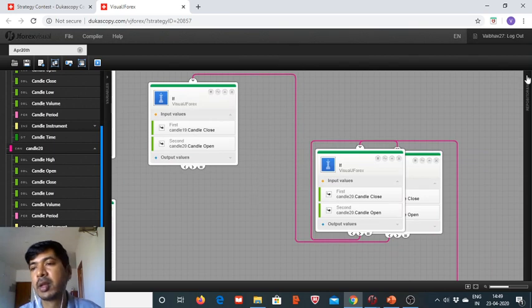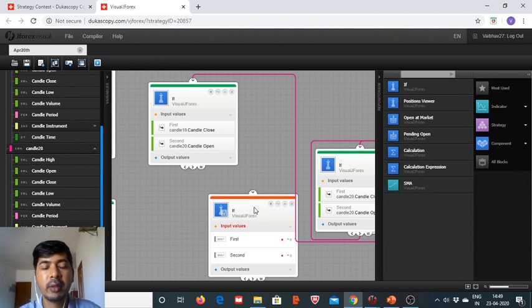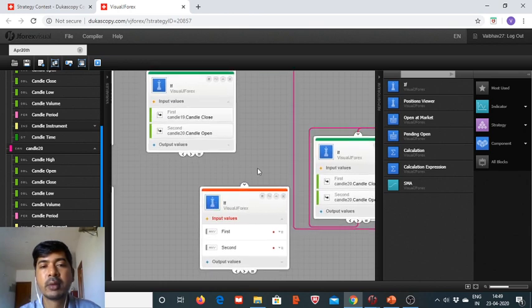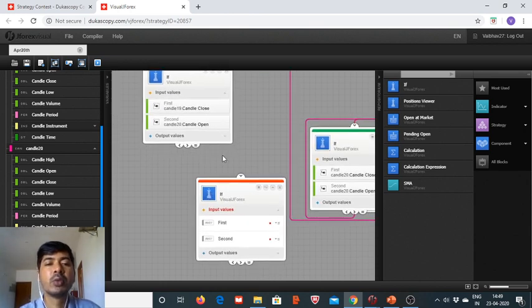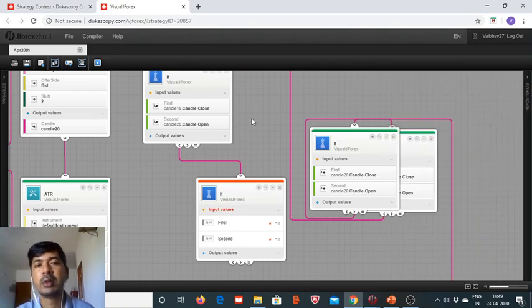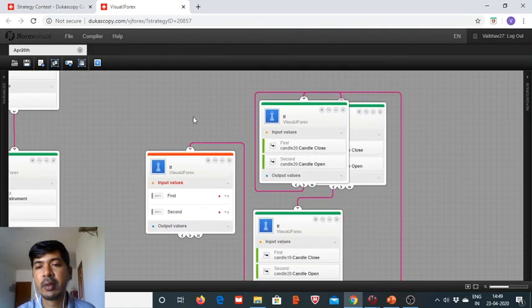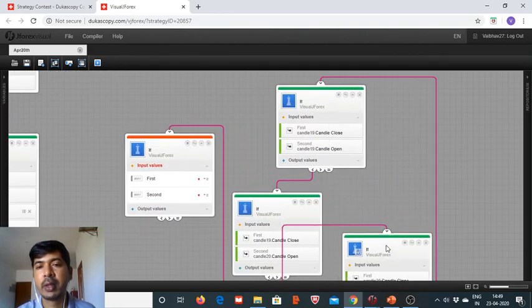And let us bring in another A block, and then we connect this candle closing to have been less than the candle 20's open. So far so good. We now need to take these blocks to where they belong.